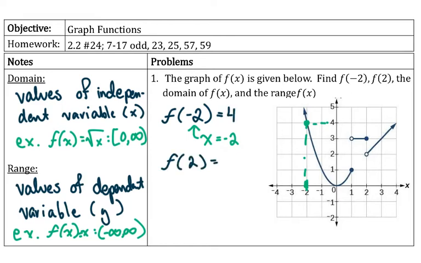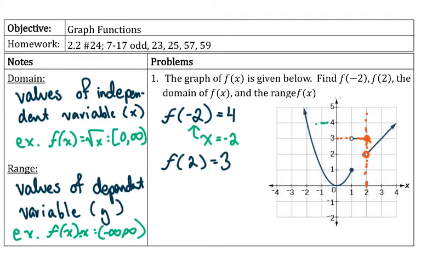Similarly, f of positive 2 is here. If I look here, I end up going through two pieces, but only one of them is filled in. This is the open boundary, so this is the one I actually care about for the answer, which is 3.